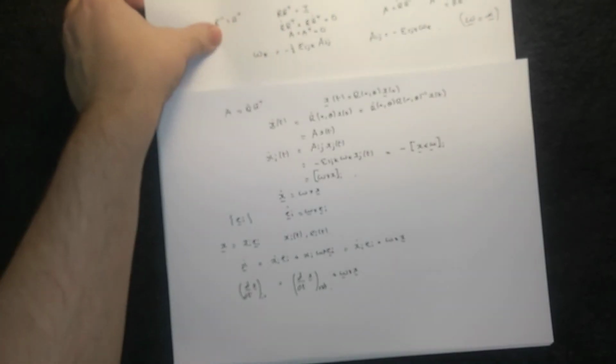So this applies for any vector x, not just position, it could be velocity, for instance, or acceleration, or any number of other things. Next, what we're going to do is apply Newton's second law in the inertial frame and see how that translates into the rotating frame.